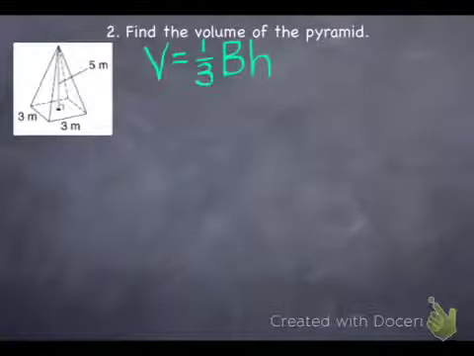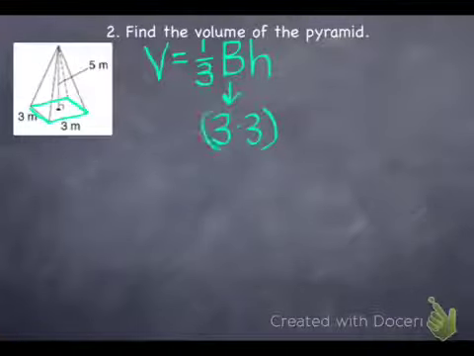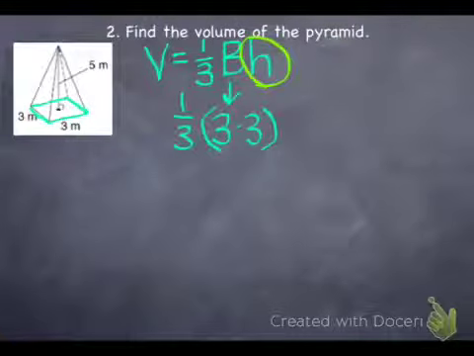So we're going to go ahead and start by finding the area of this base. So the area of the base is 3 by 3. So I'm going to substitute that there. I'm also going to bring down my 1/3. For my h, I'm going to come over and find my height right here, which is 5.